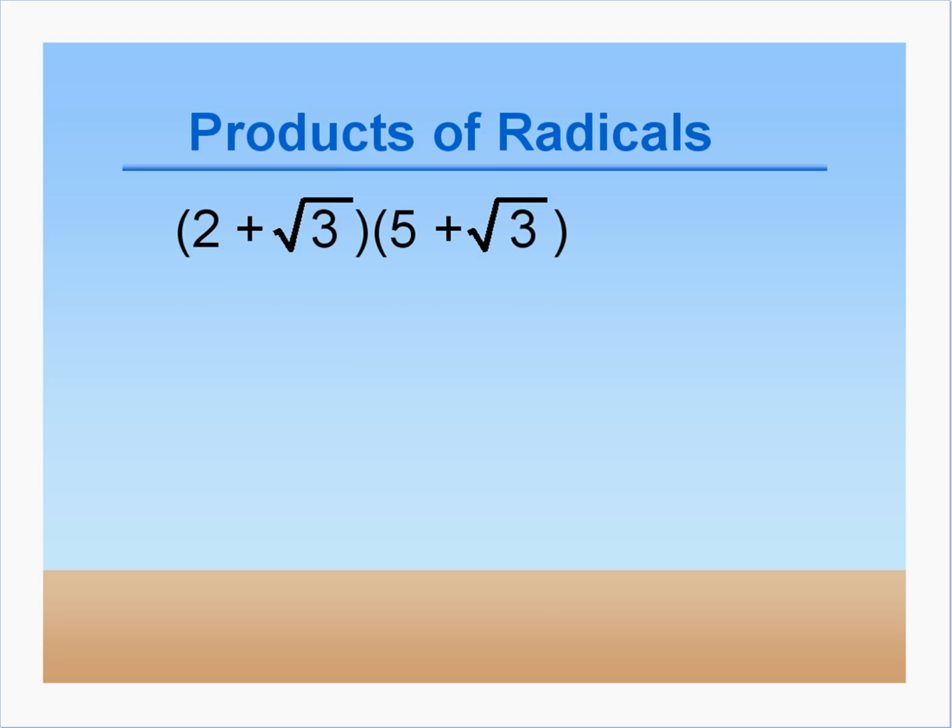Once again, this one will be able to be simplified a little bit in the end, possibly. So we got 2 times 5 is 10, and then plus 2 root 3. And then root 3 is going to be multiplied by both of these, so root 3 times 5 is 5 root 3.